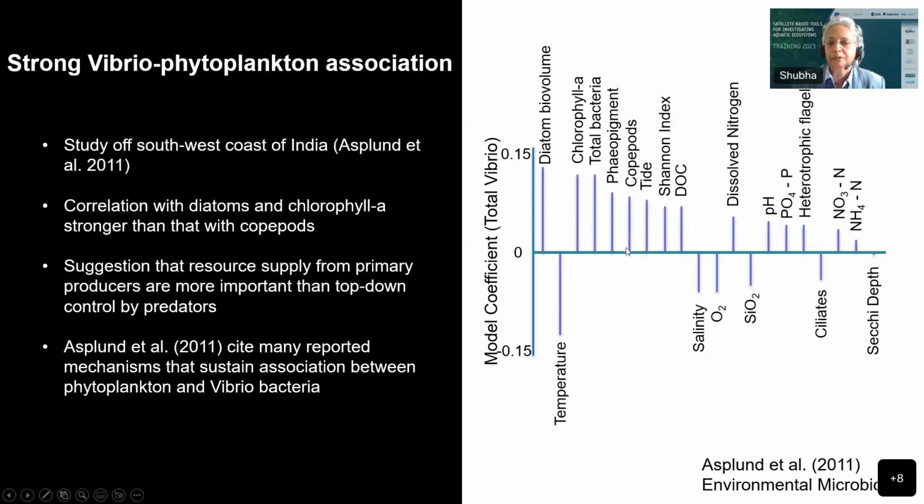Copepod, the zooplankton that I mentioned, had a less strong relationship. So they suggested that phytoplankton may provide resources that promote the growth of Vibrio cholerae more so than top-down control by predators.